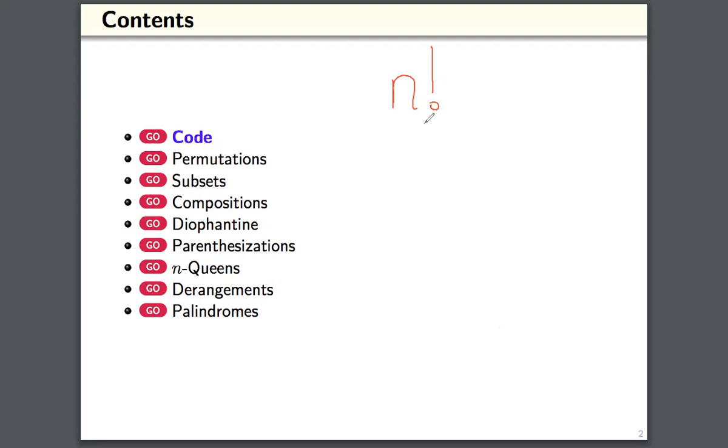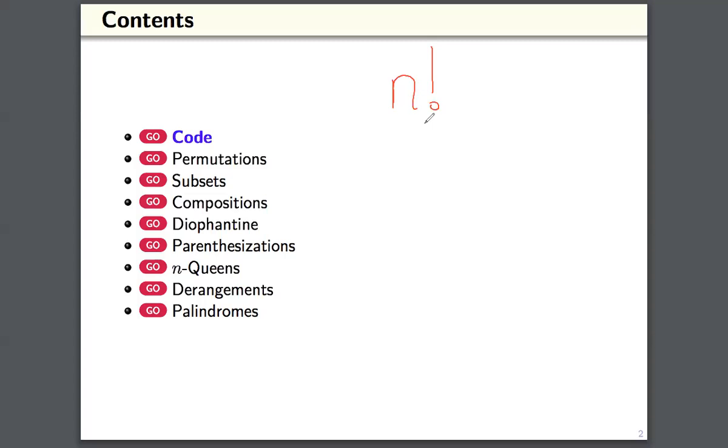So n factorial is not polynomial time, right? So is it possible to ever come up with a polynomial time algorithm to generate all permutations? No, impossible, right? This is impossible because the number of objects itself is n factorial. The output size itself is minimum n factorial.